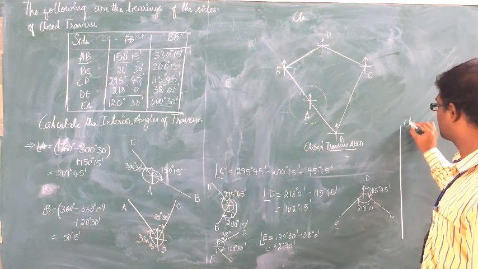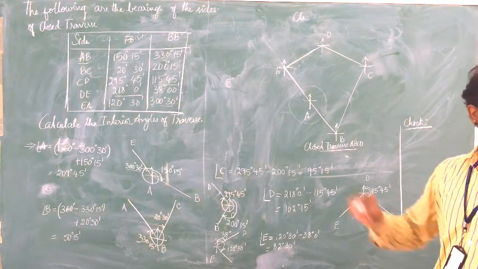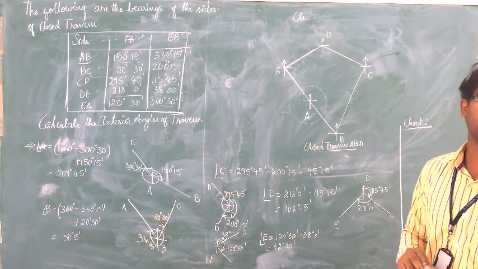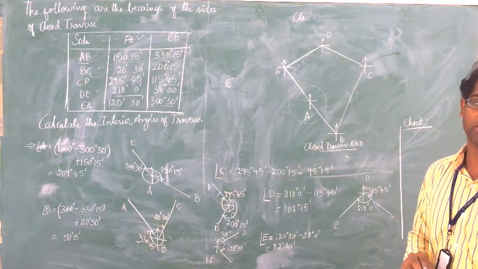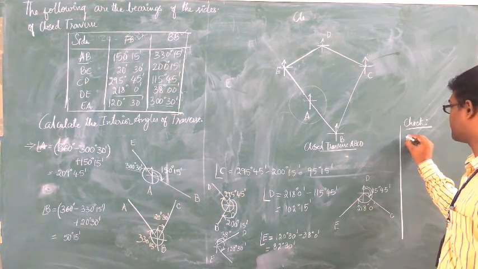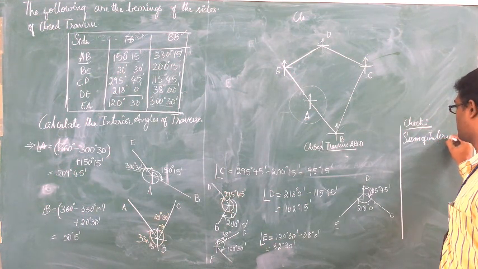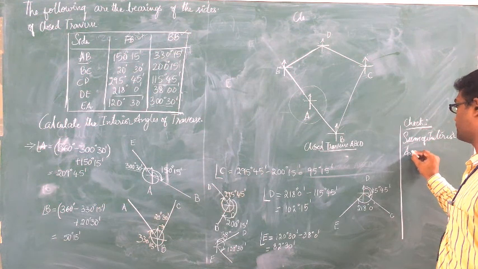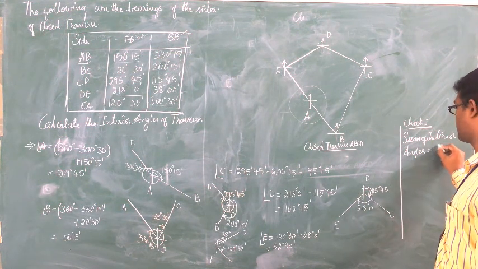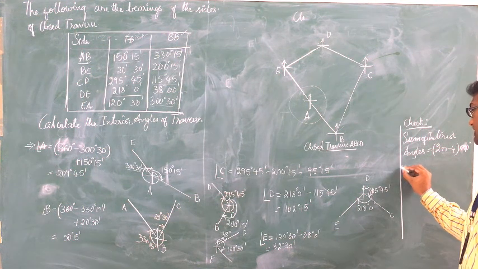Check is: sum of interior angles is (2n minus 4) into 90 degrees, where n is the number of sides.